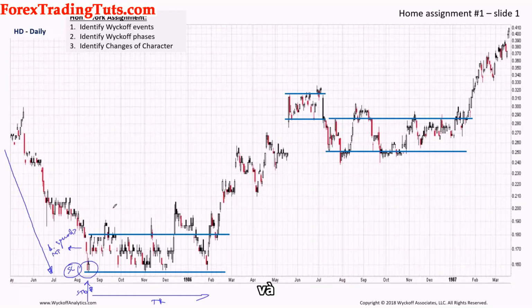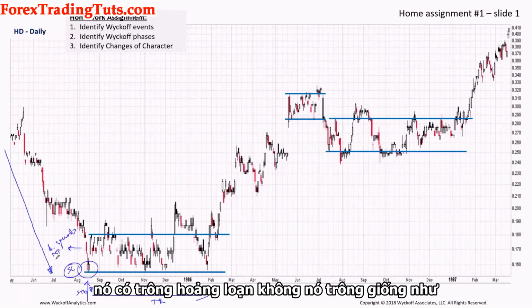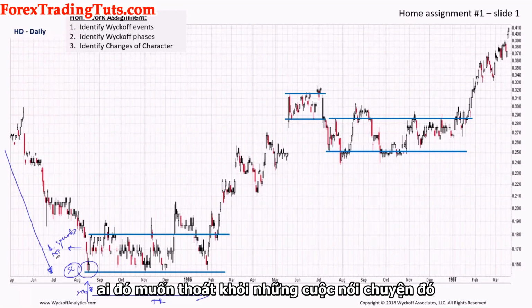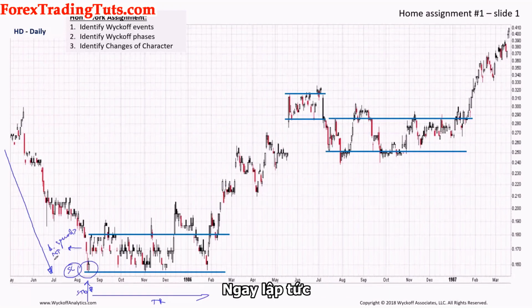And does it look panicky? Does it look like somebody wants to get rid of those stocks right away? Absolutely, yeah. So there is some kind of climactic run that we are observing.